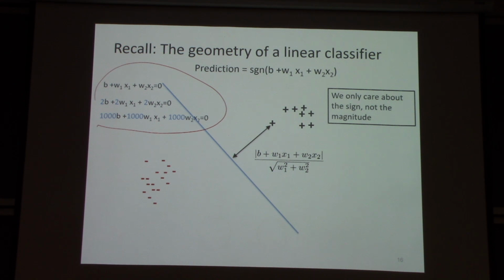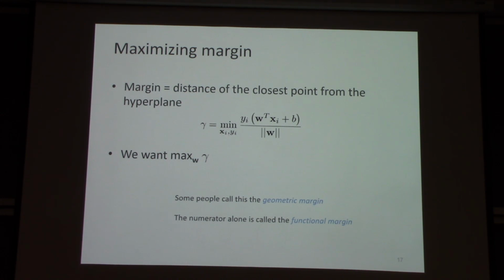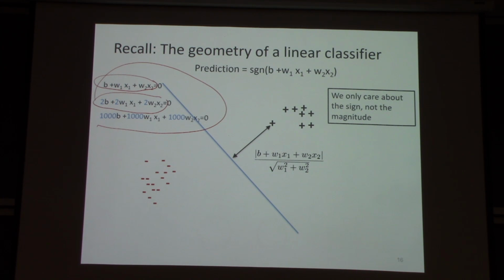The sign does not change. The actual value of W dot X changes because the W dot X here is twice the W dot X in the first one. So we only care about the sign. Does that make sense?